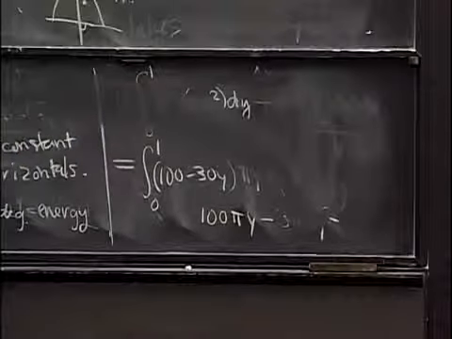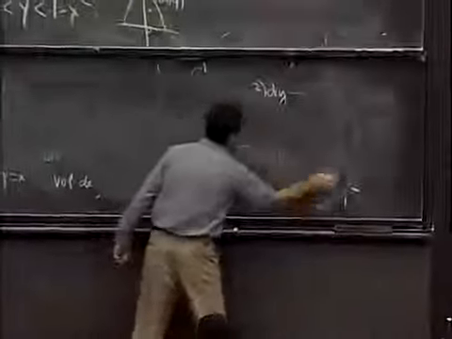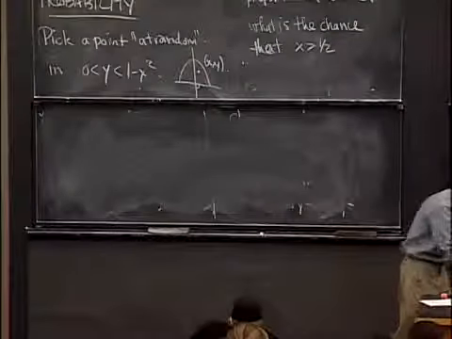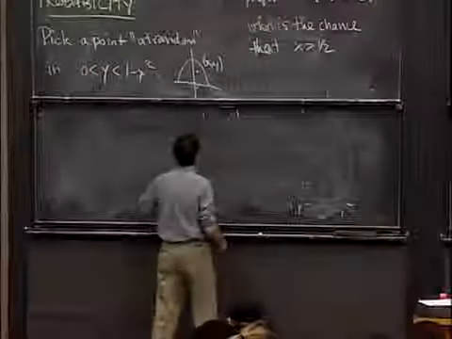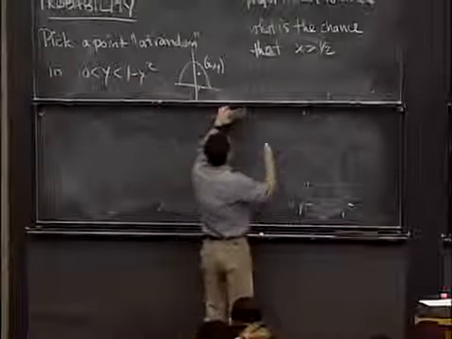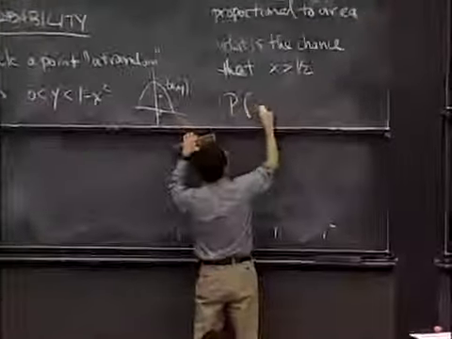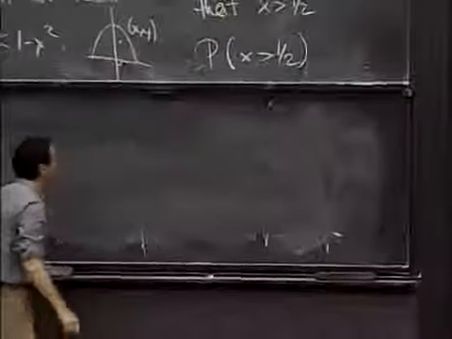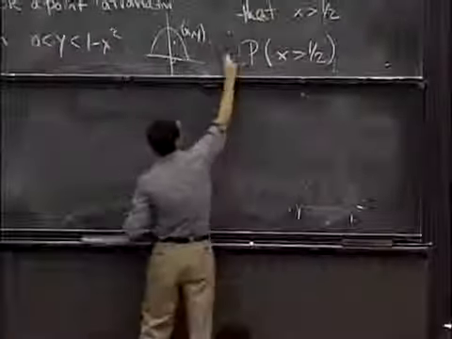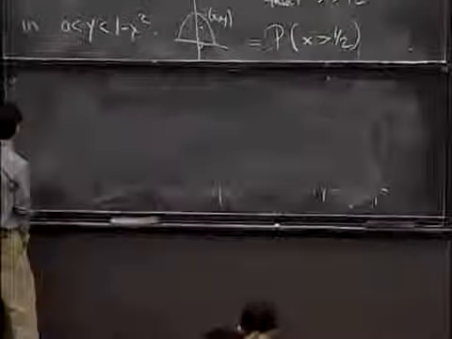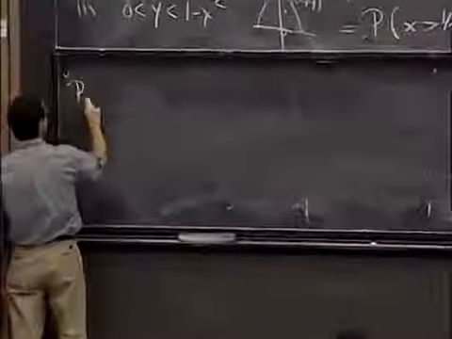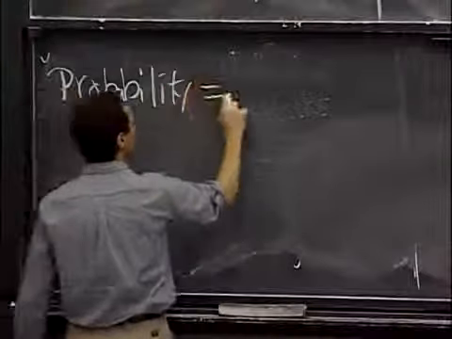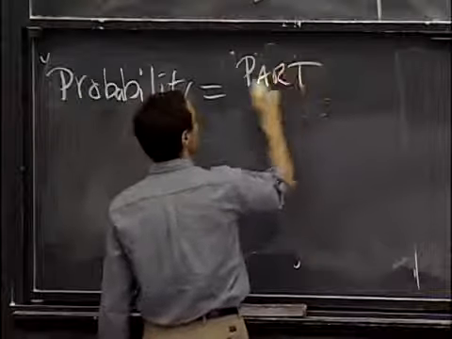Now let me show you what's going on here, and this is always the case with things in probability. First of all, we have a name for this. This is called the probability that x is bigger than a half. And the probability is always equal to the part divided by the whole.